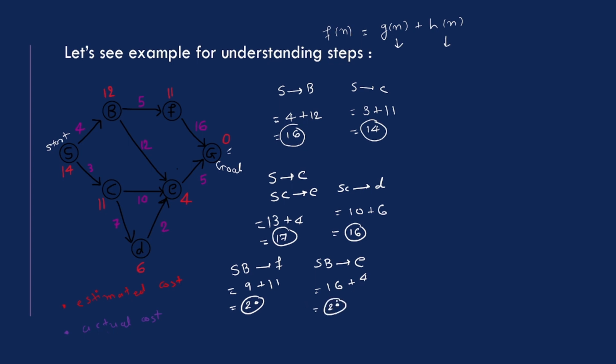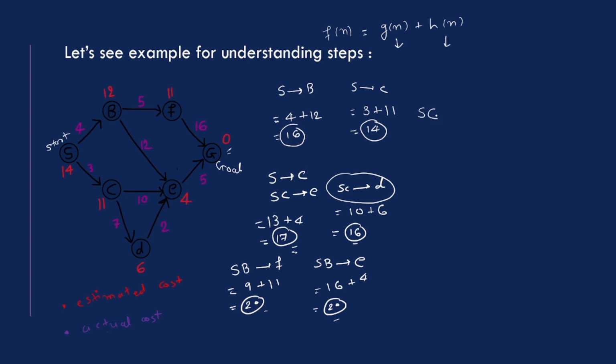Keep in mind. Further, as you can see here, we have 17, 16, and 20. We will take the least value. The least value is SC to D, so let's keep SC to D in mind.